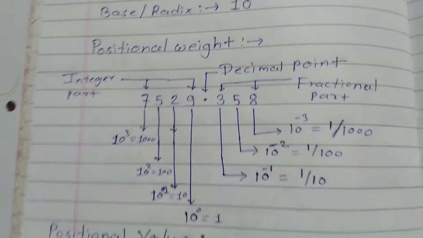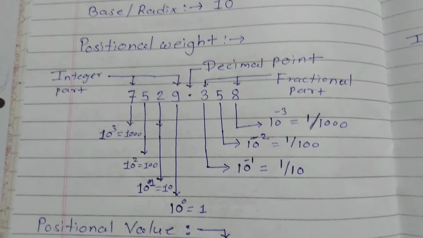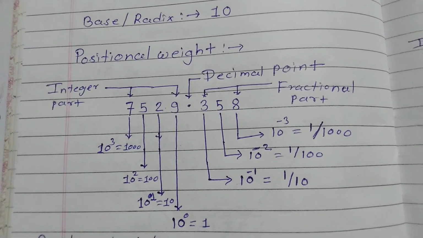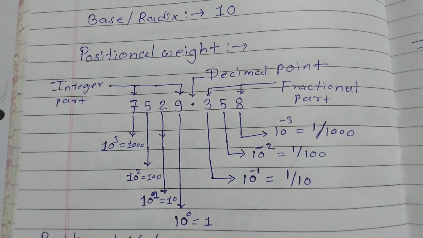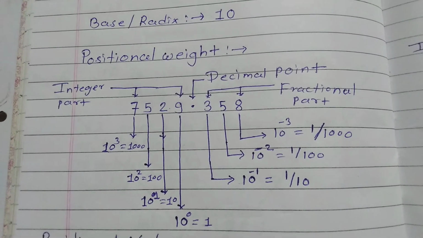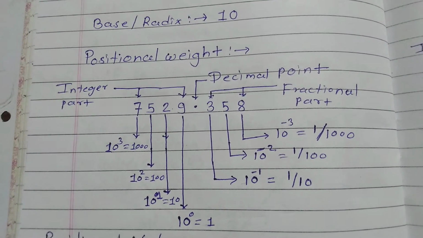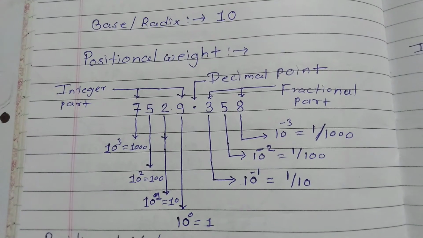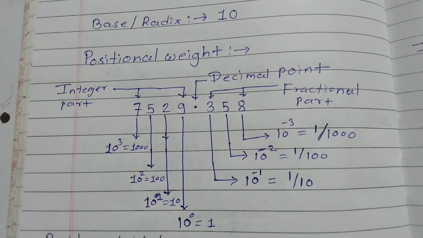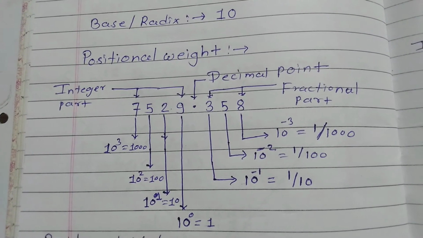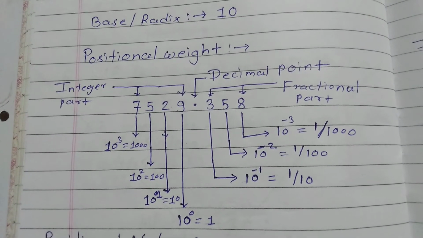The positional weight we will consider by using one example. Now in this case, a decimal number is written as 7529.358. If you see this number, it consists of 4 and 3, that is 7 digits, and these 4 and 3 digits are separated by a decimal point.